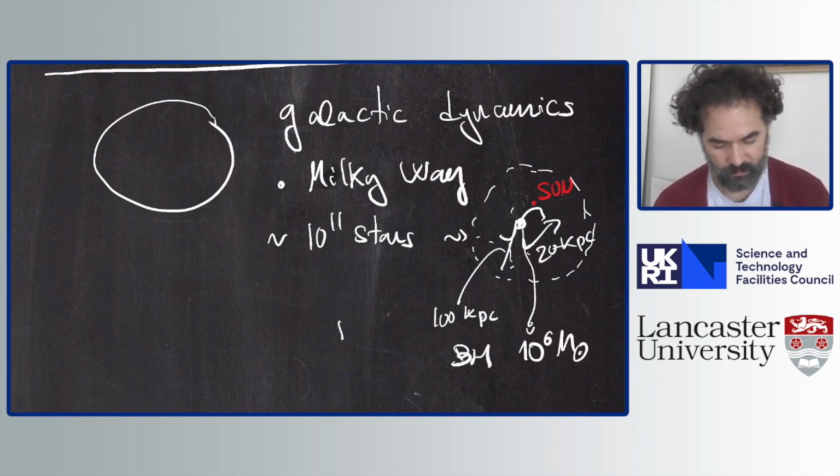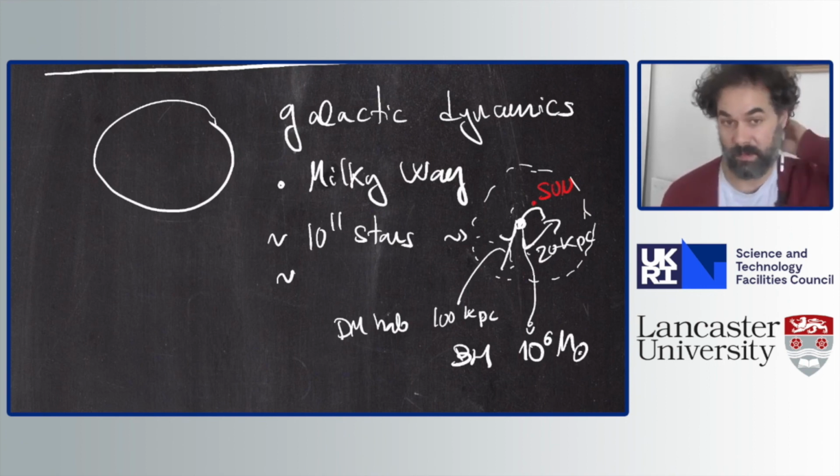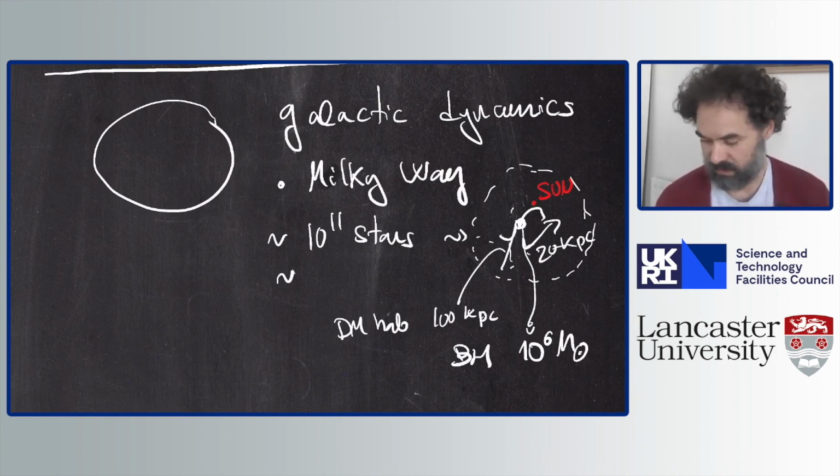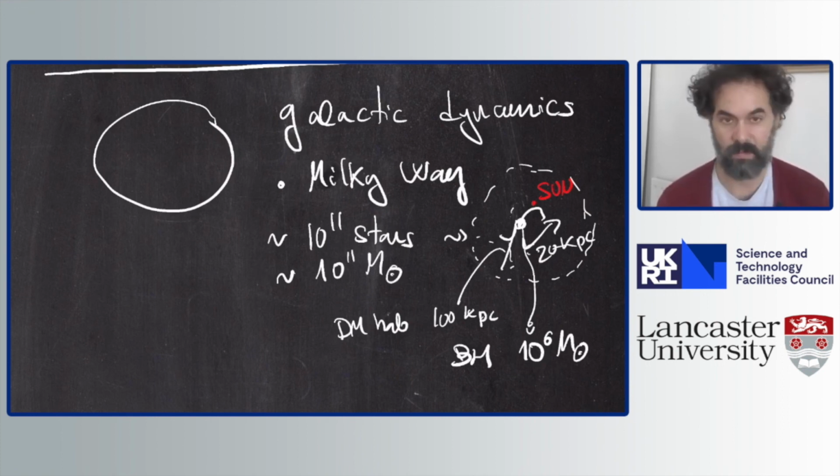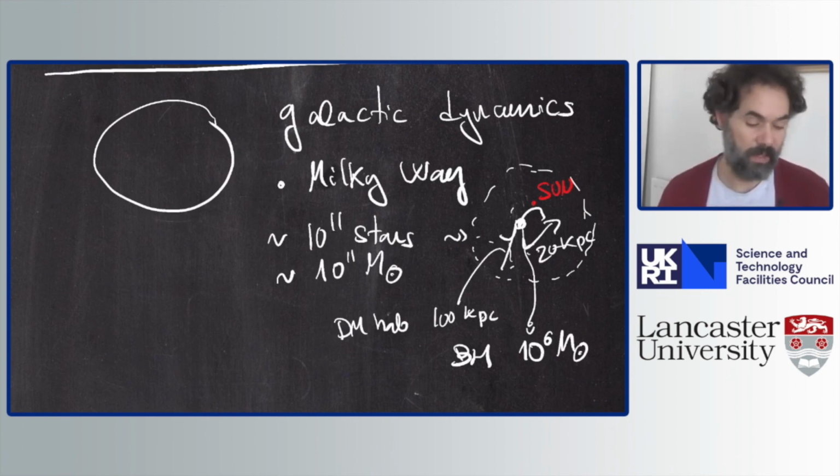So, the dark matter halo and the stars. Each star typically weighs the same as the Sun, so the total mass in stars is basically 10^11 solar masses. Not exactly, but more or less. This is a bulge. Let me draw it here.